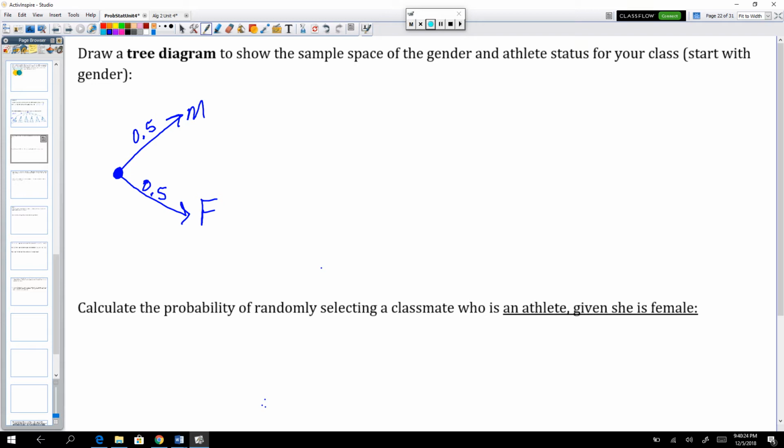And then within the males, the conditional probabilities, we had some athletes and some not athletes, right? Again, this is all within the same tree, so don't start another tree for the athlete, not athlete. We're still within the same tree. And we had the same split for the females. We had athletes and not athletes.